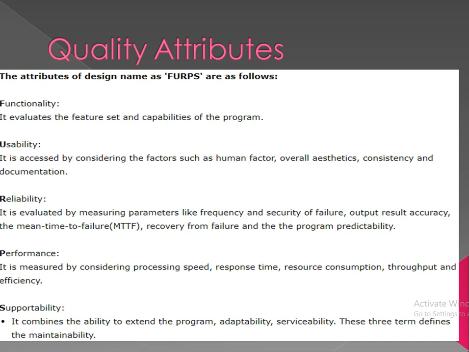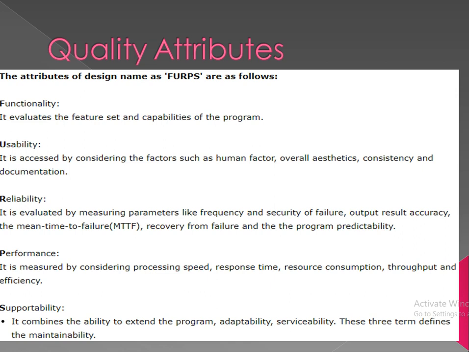To develop a product in high quality, it should have the following attributes: functionality, usability, reliability, performance and supportability. Without these quality attributes, we will never get a high standard product. These are the important attributes we need to keep in mind and follow when developing our product.